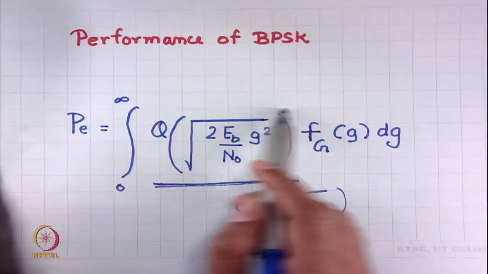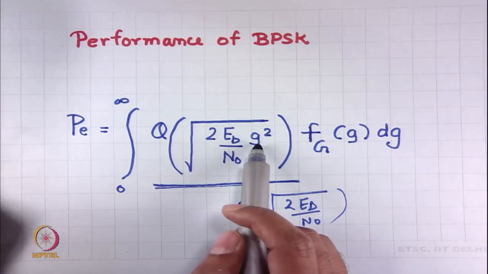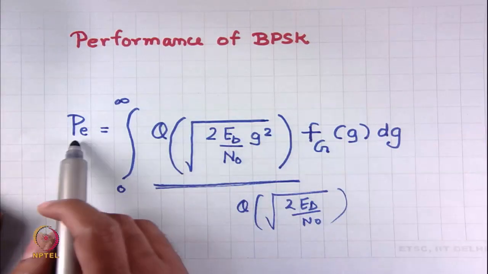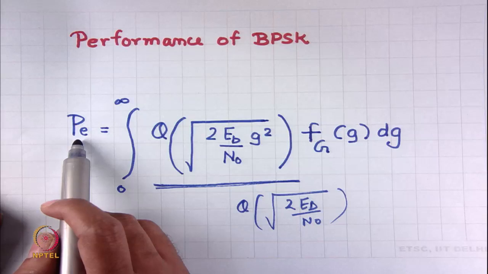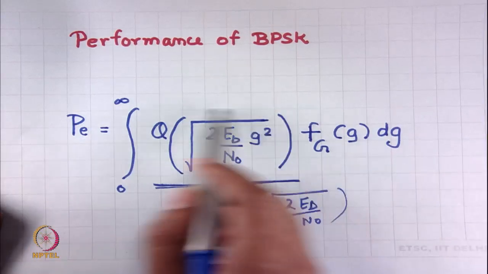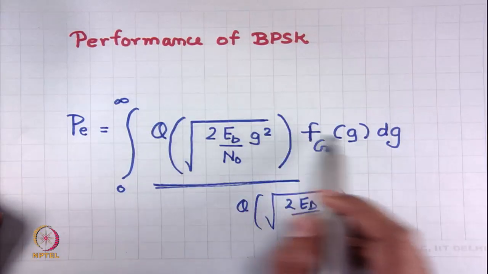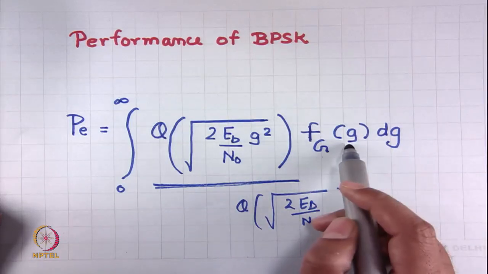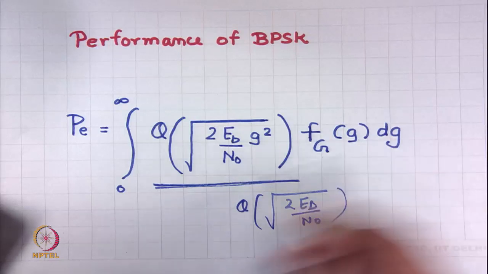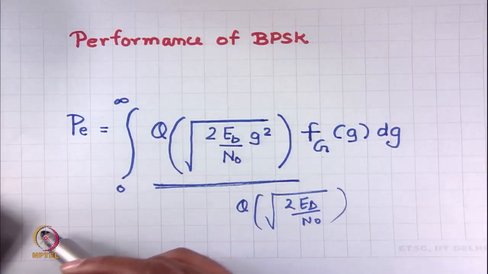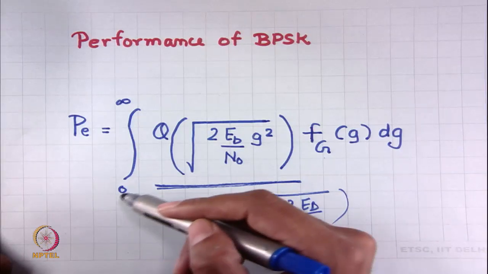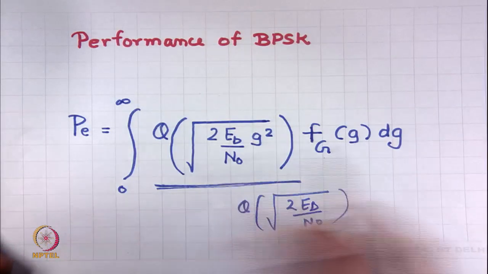So, this is the probability of error given a value of G, but G can take any value, and thus to find the average probability of error you have to multiply this quantity with the probability density function of random variable G taking a numerical value small g, and then integrate over all possible values of G. G lies between 0 to infinity because it is a mod of H.